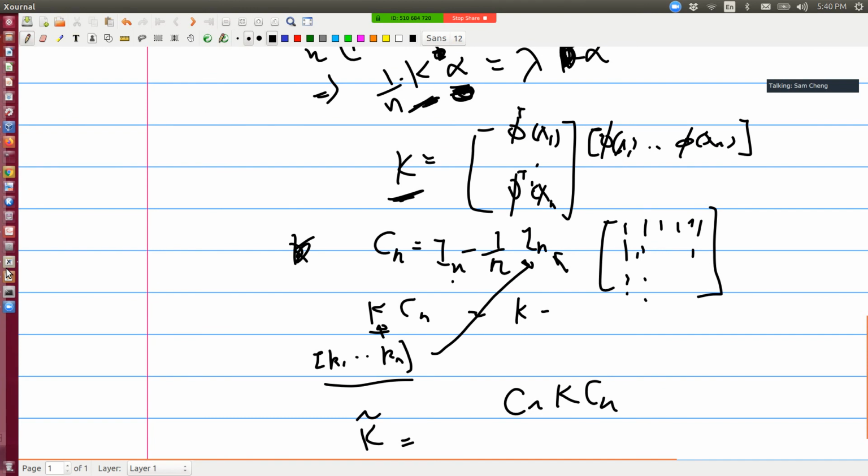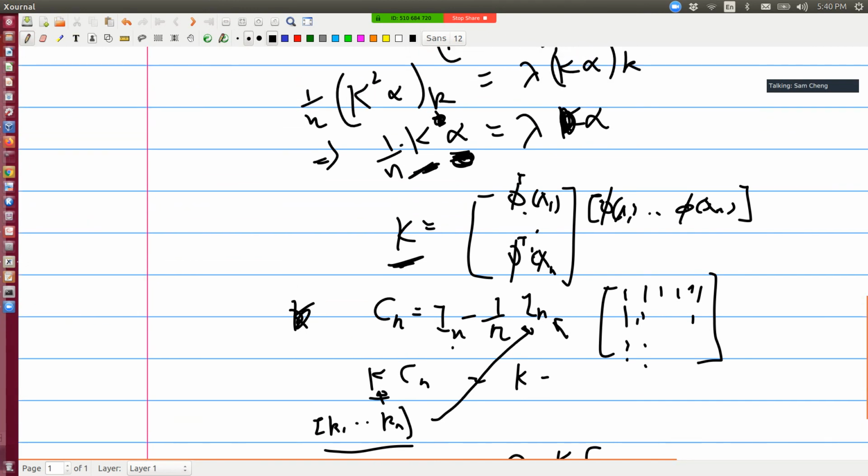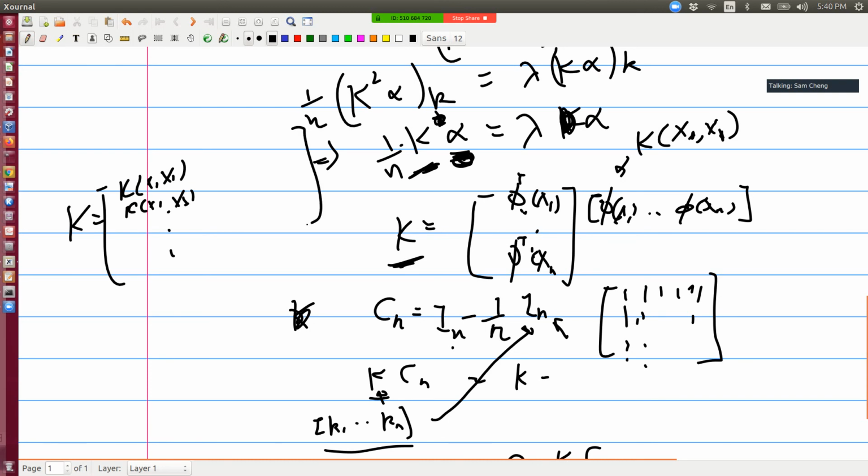So what I mean is that it is equal to the ij element of that, right? The inner product of this is just equal to the kernel function. Of course, you don't need to care about phi, you just compute k(x1, x1), k(x1, x2), and so on.